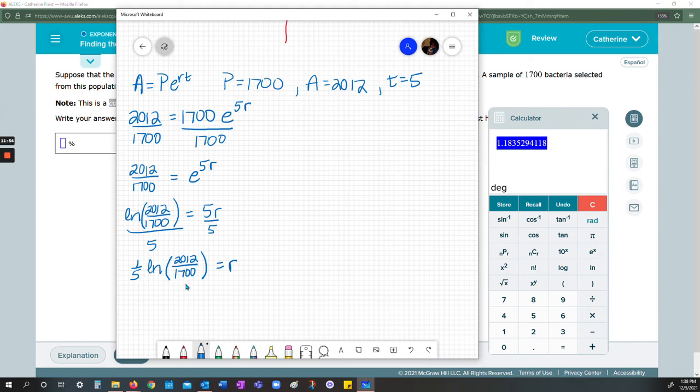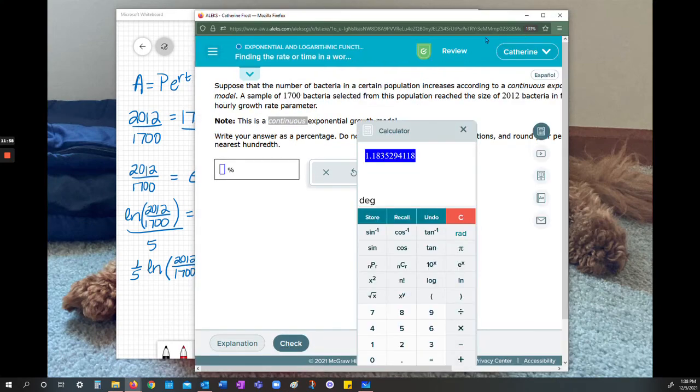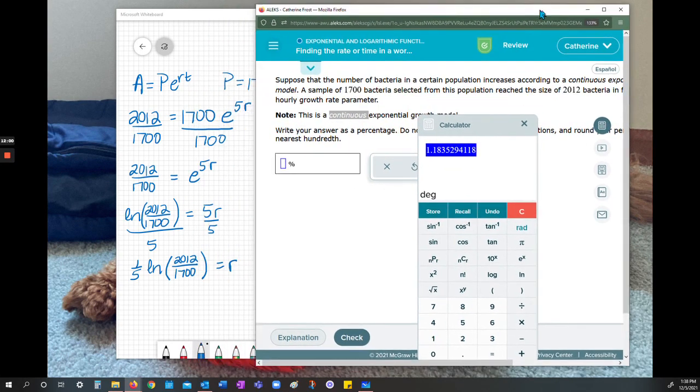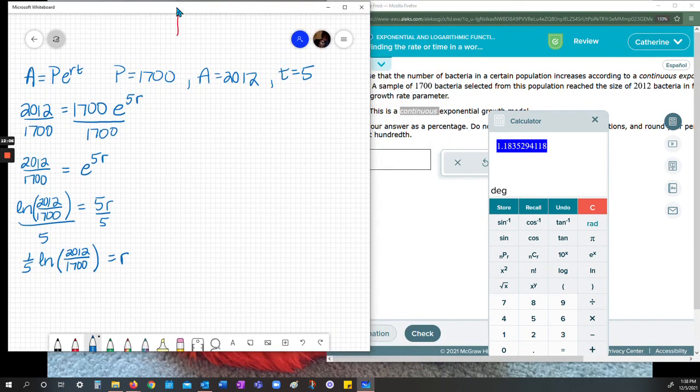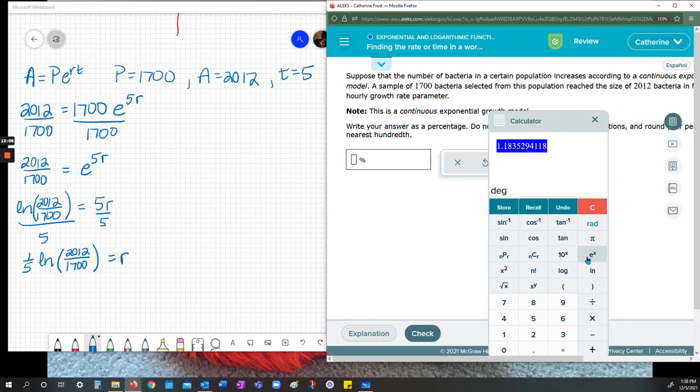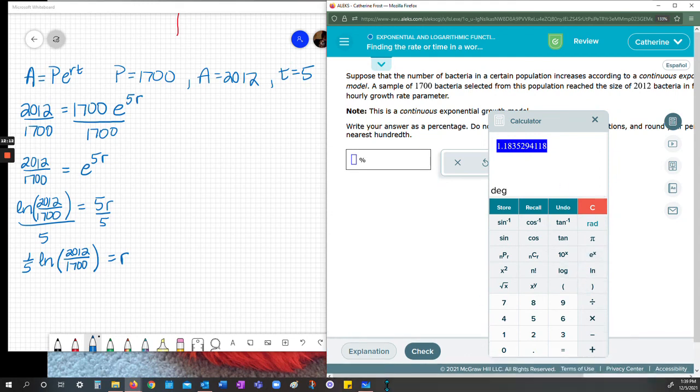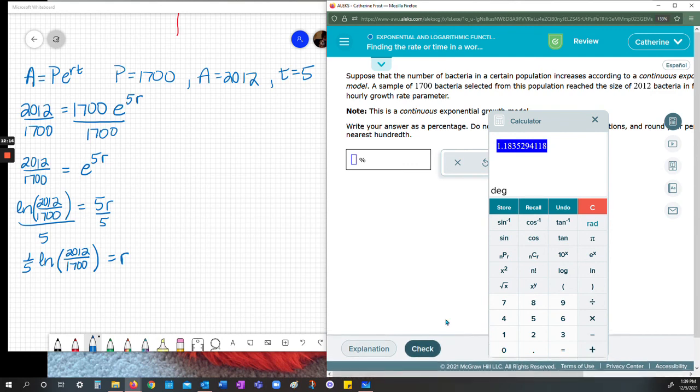When we type this into the calculator, we're initially going to have a decimal, and we're still going to want to make it into a percentage. So let's clear this out, and make it where you can see the whole calculator.